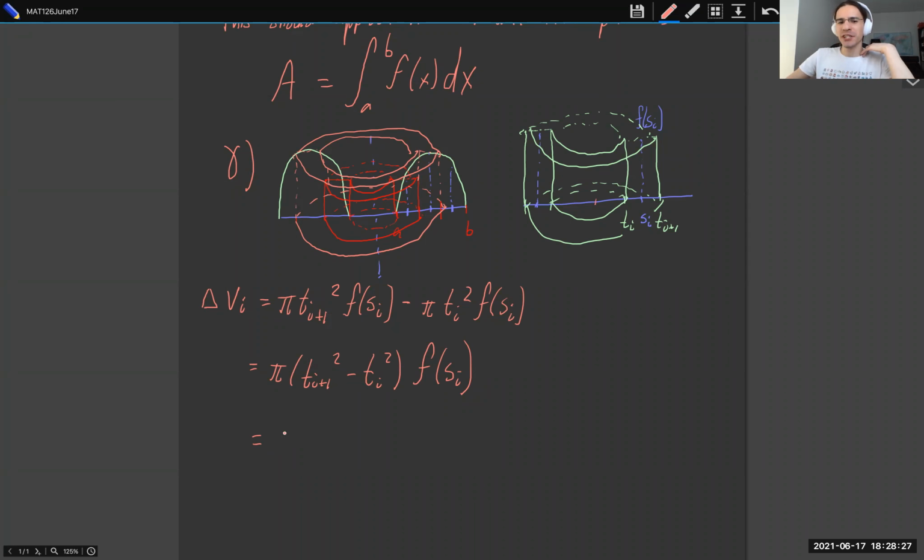I don't think the ratio is really meaningful. What else can I do with this term? It's something squared minus something else squared.